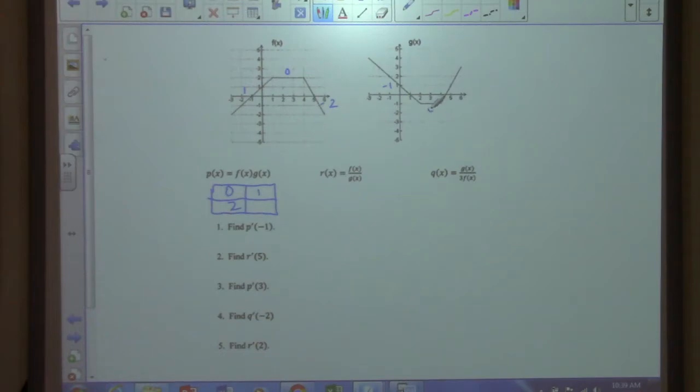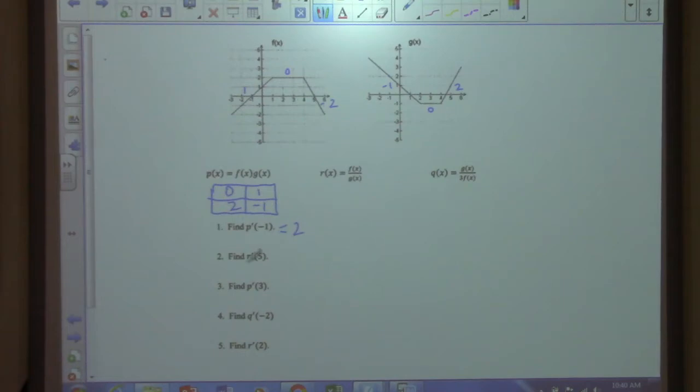And this slope here is 0, and this slope here looks like it's 2. These are all the slopes I've written in blue here of these little segments. So here the slope is -1. So p prime of -1 is what? 2 times 1 plus 0 times -1. That's going to be 2. So that's it.